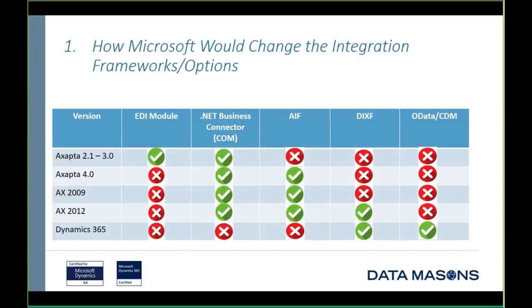So going back in time, as I said earlier, I started working with the Axapta platform back in 1999, and the version that was available at that time was version 2.1. So there's been a progression of releases since that time, and today we are at Dynamics 365 for Operations as being the current platform and release.